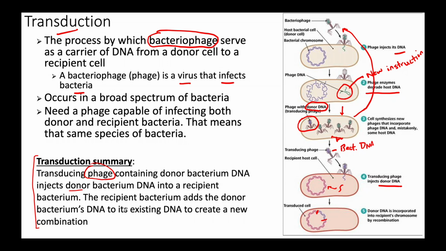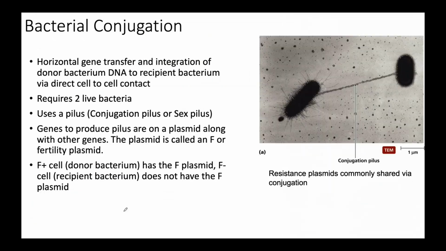So we now have two pieces of DNA that weren't together, but now they are. So we have that process of recombination through a horizontal gene transfer mechanism. That's the second of three horizontal gene transfer mechanisms, called transduction.